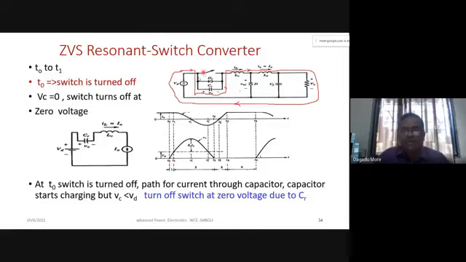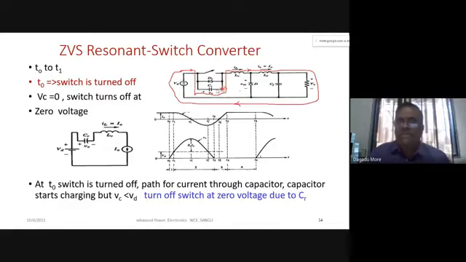Our switch is turned off at T0, but now current will be flowing like this, and because of that the capacitor will start charging. Is it clear? We have considered the instant T0 where our switch is turned off, and whenever the switch is turning off, an uncharged capacitor is across the switch, and because of that we can call this a zero voltage turn off.